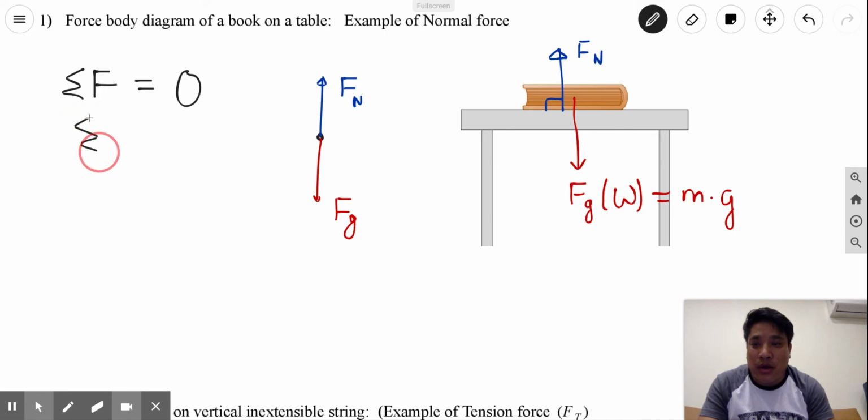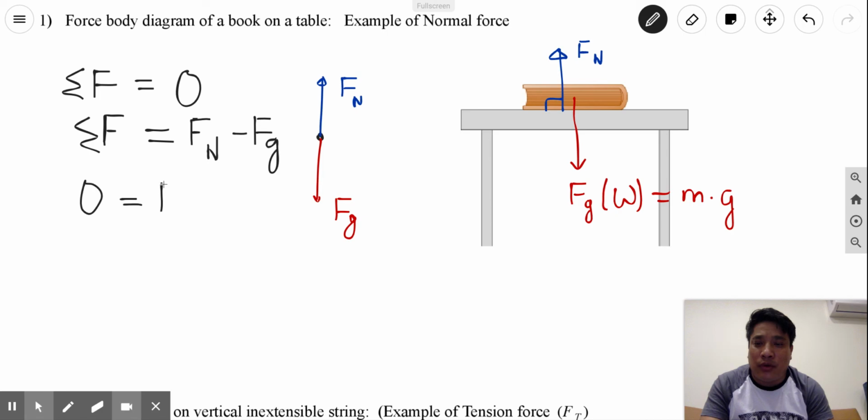In this case, our net force is the sum of the normal force Fn and gravity. I'll put negative Fg for gravity because it is acting downwards. As we know, the net force is zero, so the normal force minus gravity is equal to zero.